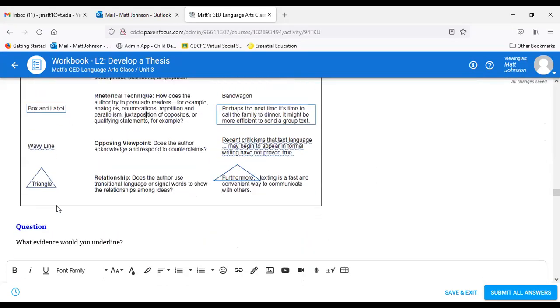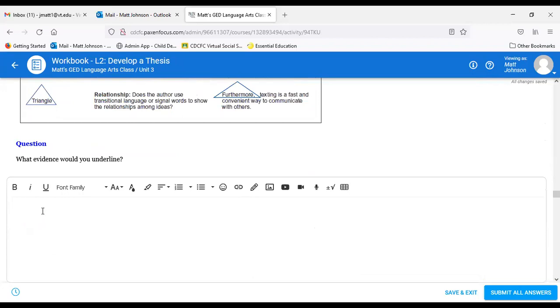Underlining, so evidence, right? Now, what evidence would you underline? Continuous partial attention. Yes, so continuous partial attention for one.